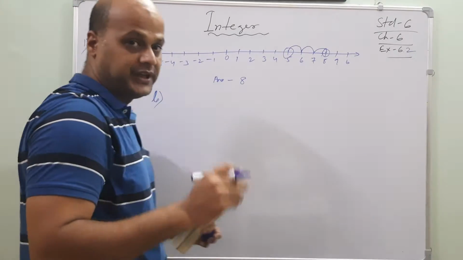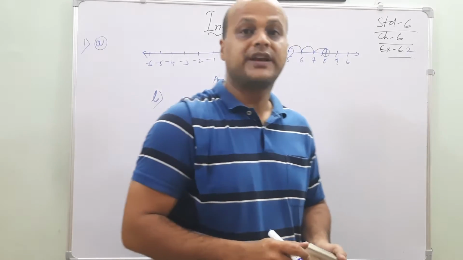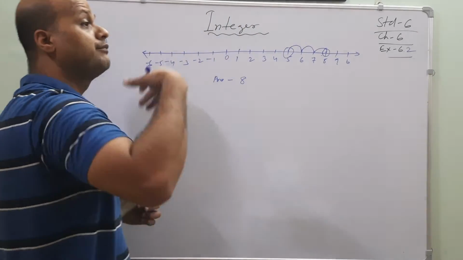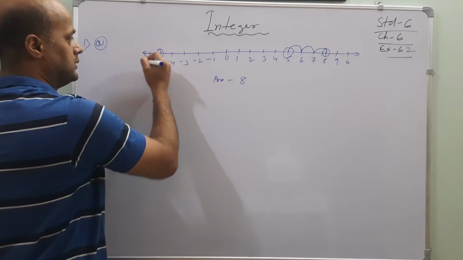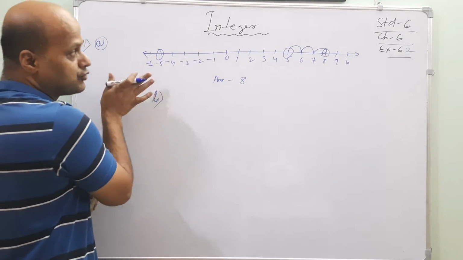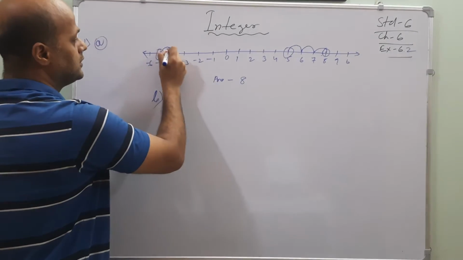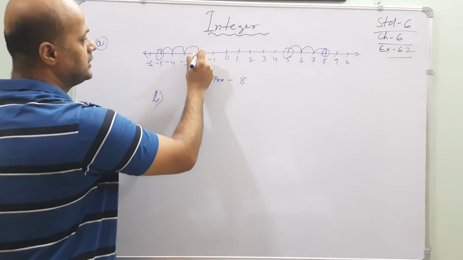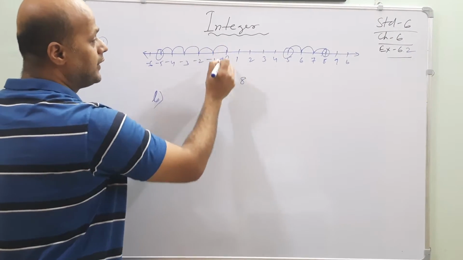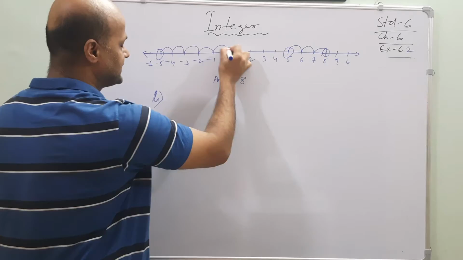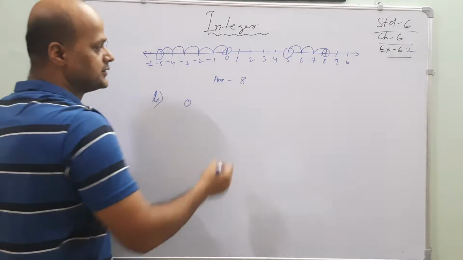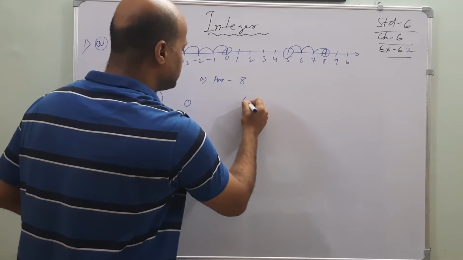What is B? B is saying 5 more than minus 5. 5 more means it comes towards the right hand side: 1, 2, 3, 4, 5. Which number do we get? Yes, the answer is 0.